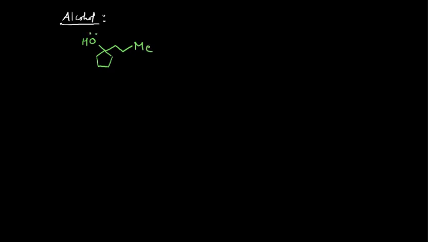Two lone pairs are there. Since you are using the reagent hydrazoic acid, it will produce H positive, and that would be grabbed by the oxygen, and then you will have your protonated system, which you can write in that manner: a 5-membered ring, this is methyl and this is OH2.